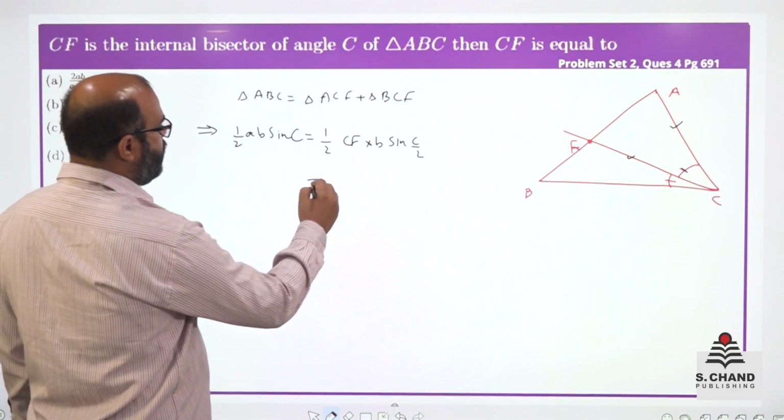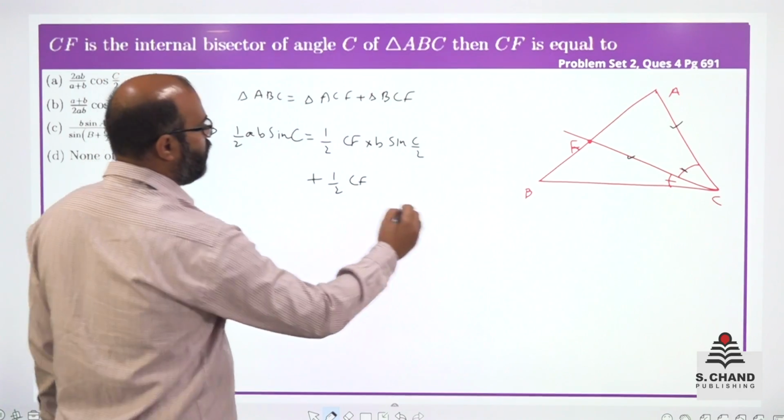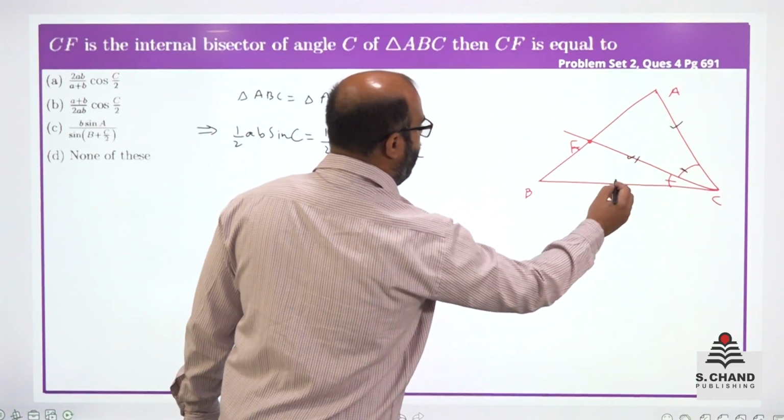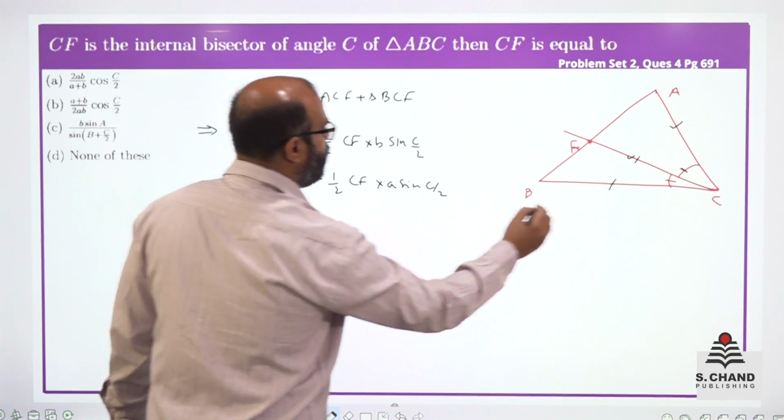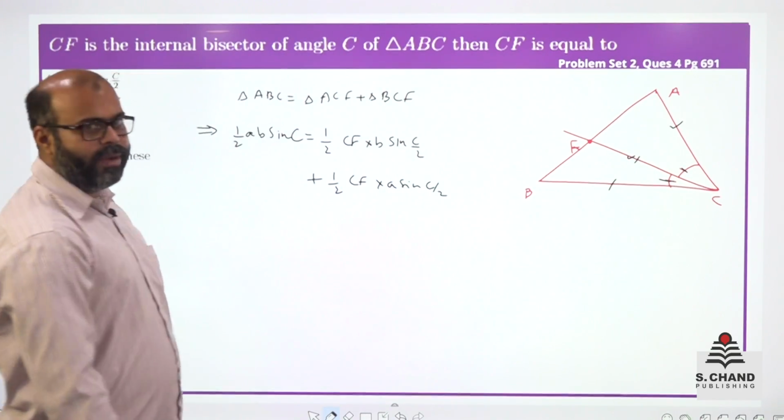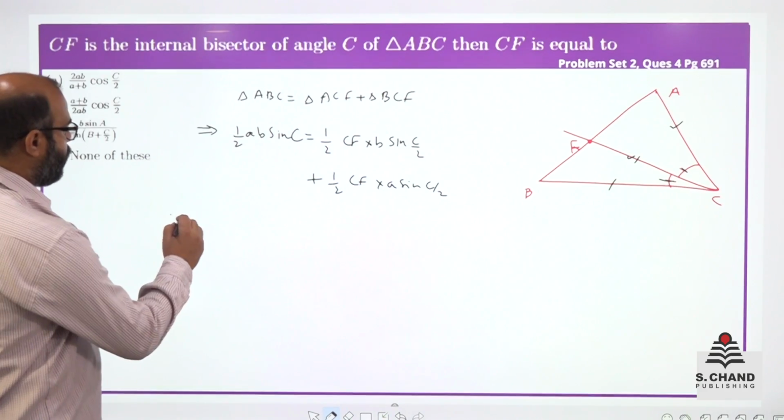Similarly, triangle BCF will be half into CF, this side, and this side A, into sin C by 2 again, that is this angle. Because both are C by 2, it is an internal angle bisector.